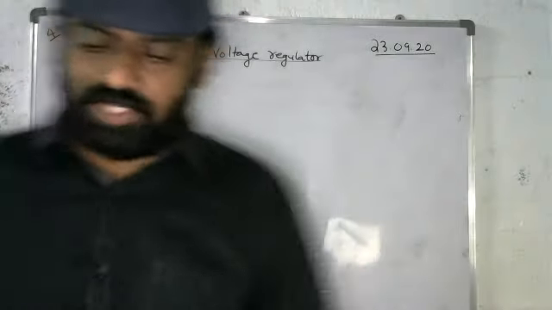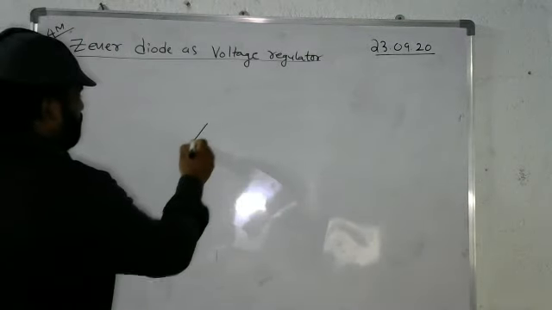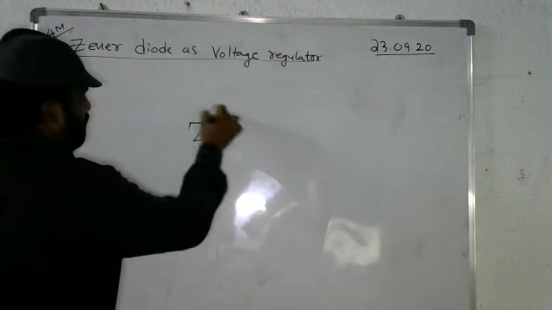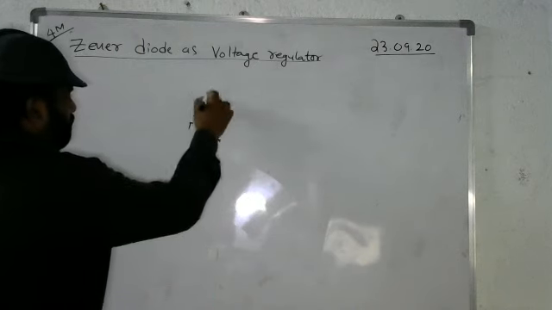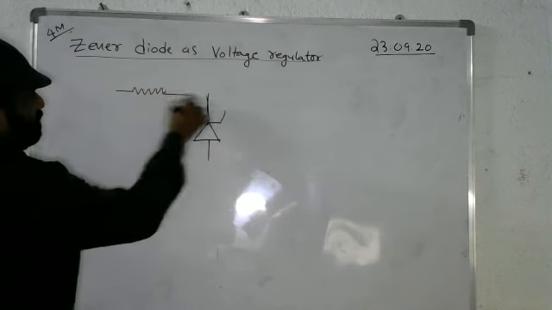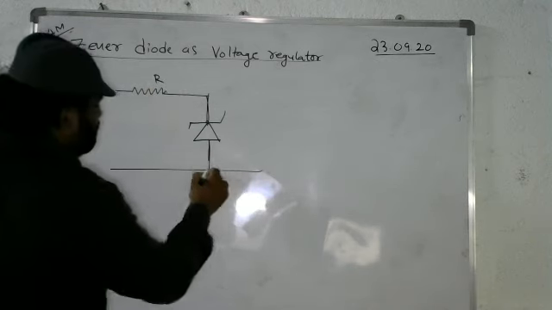Now let us see. Suppose you take a Zener diode like this. This Zener diode is connected to a series resistance R. This Zener diode is always connected in reverse bias.